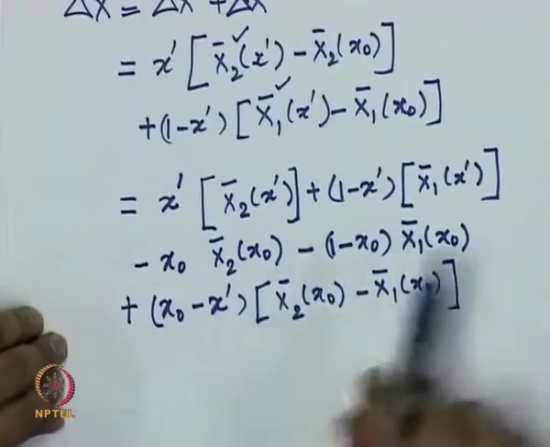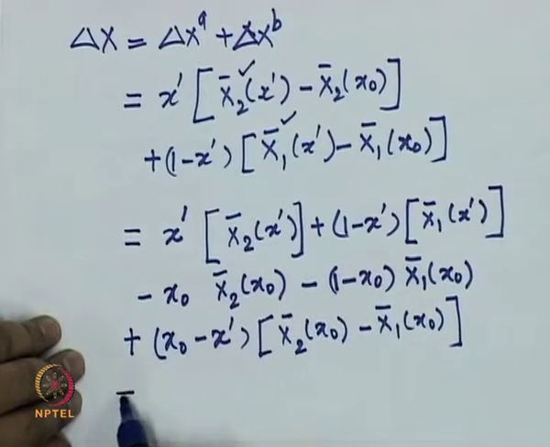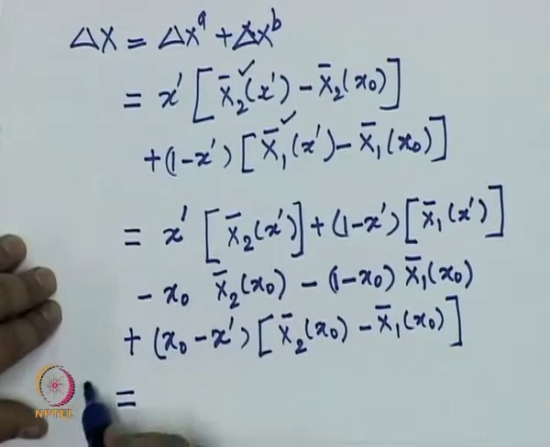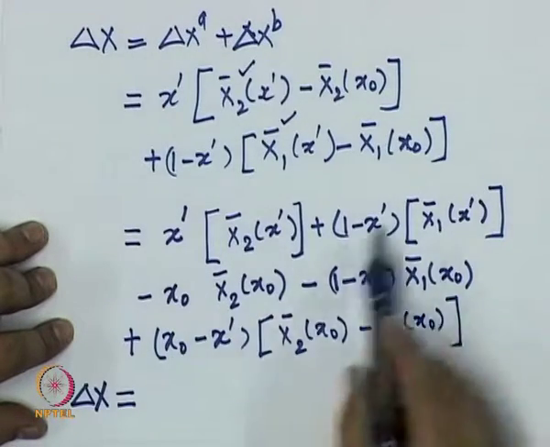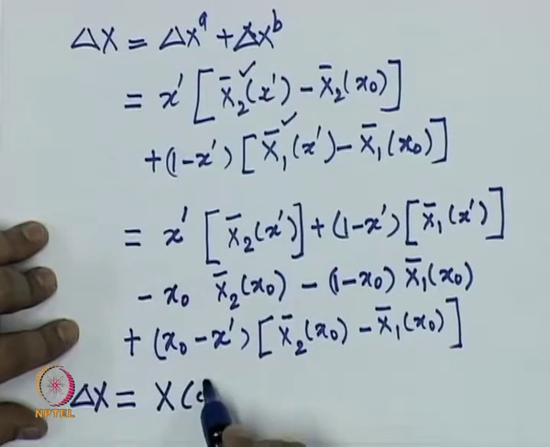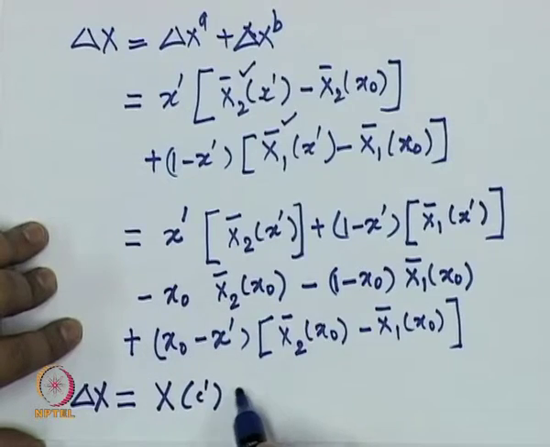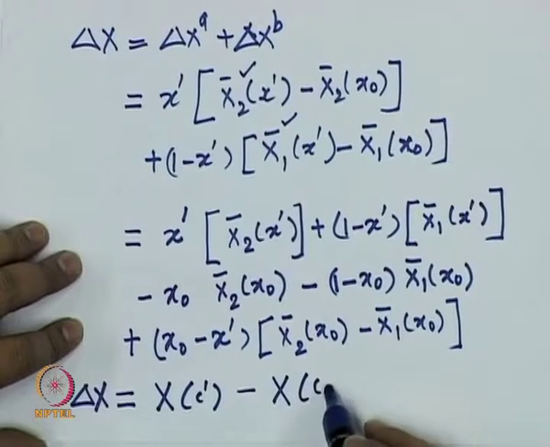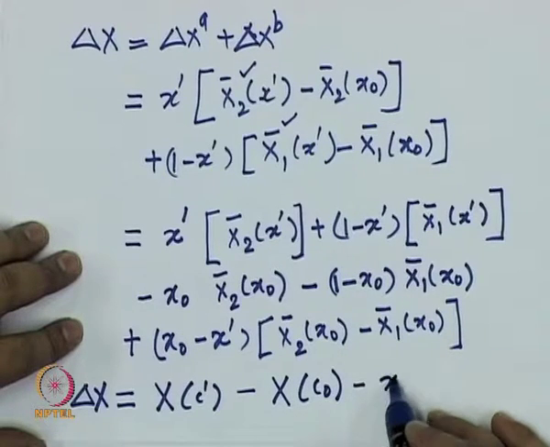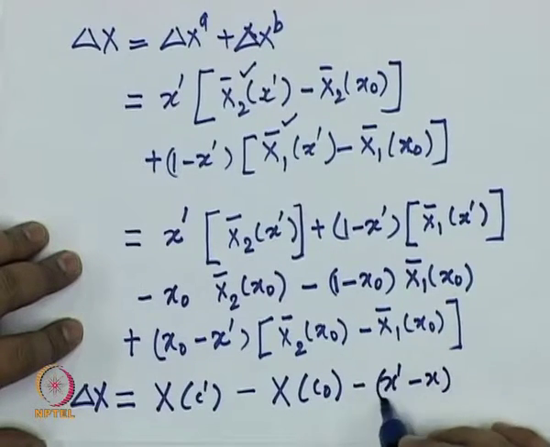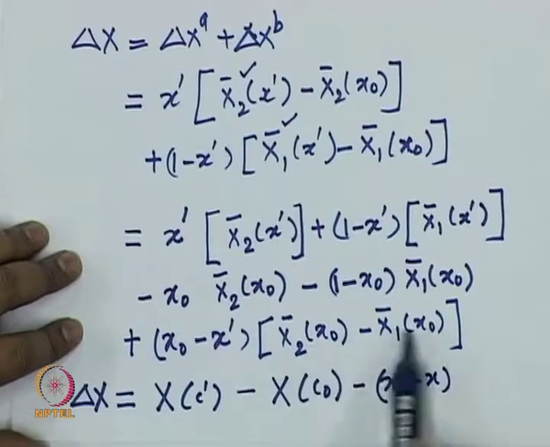Okay. So, why are we writing it like this? To simplify the expression. What does the expression simplify to? You can see that this delta x is nothing but, what is this quantity? This is nothing but the property x at the composition C prime, right. What is this? This is nothing but the property x at the composition C naught, and what is this? This is nothing but x prime minus x naught, because remember x2 bar minus x1 bar, what is this quantity?